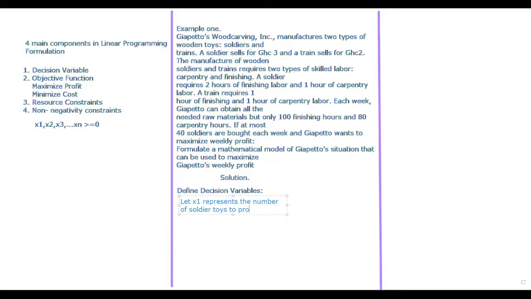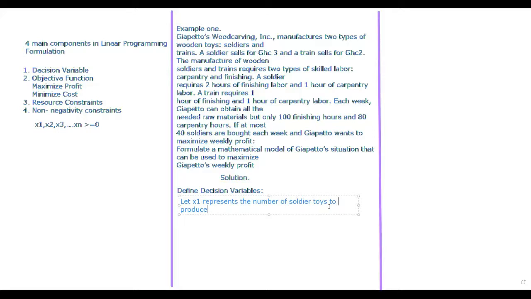You get it? Because the question is asking us to formulate a mathematical model of Gyapeto's situation that can be used to maximize Gyapeto's weekly profit. So how many soldier toys can we produce in a week? How many train toys can we produce in a week to maximize Gyapeto's profit? We don't know the quantity, so we just represent the quantity with x1 and x2.